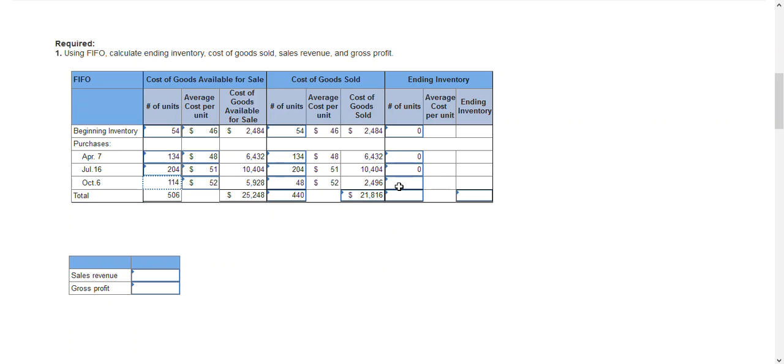In the last line, we had 114, and we sold 48, which gives us 66 left, and it carried over the price because the price doesn't change. So our ending inventory is the 66 units we have left, and the value of those 66 units is just that one number, 3432.